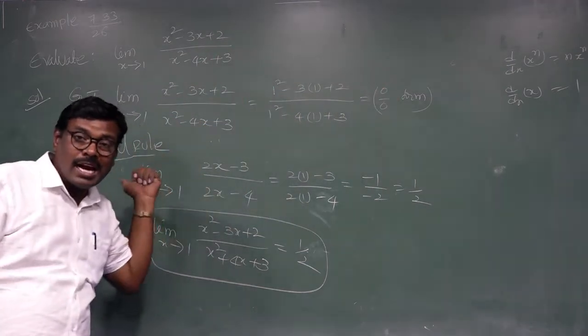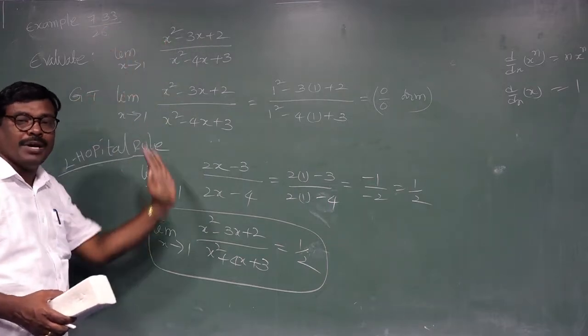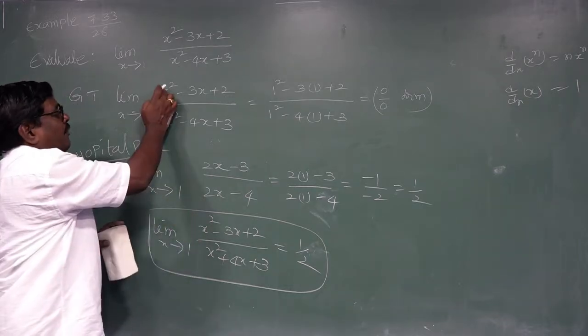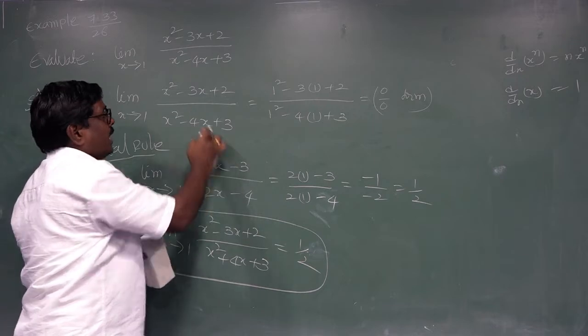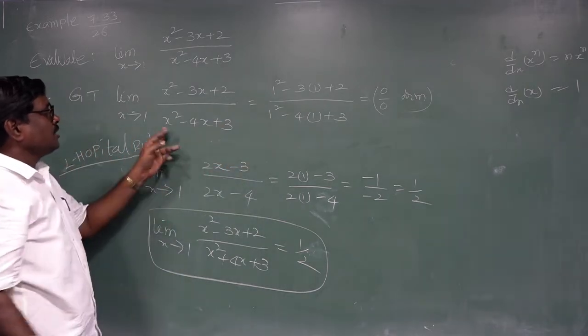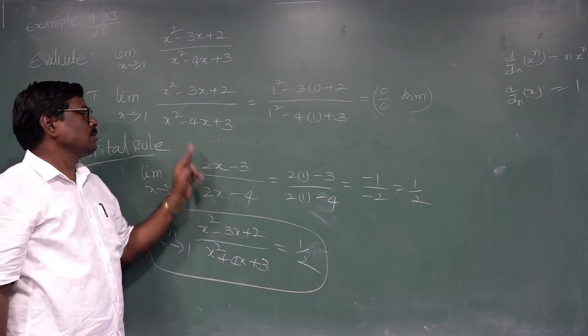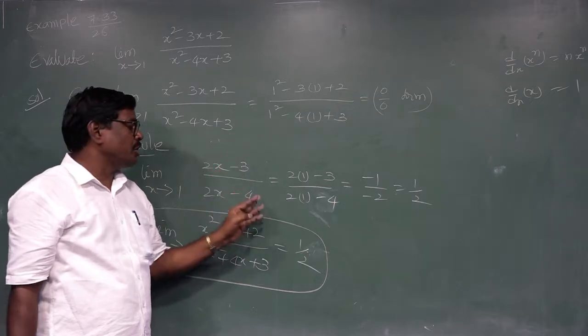This is the L'Hospital rule: the numerator derivative and the denominator derivative separately. With the limit x tends to 1, the derivative of x square is 2x, minus 3 into the derivative of x, which is 1, and the derivative of the constant is 0. In the denominator, the derivative of x square is 2x, minus 4 into the derivative of x, which is 1, and the derivative of the constant is 0.